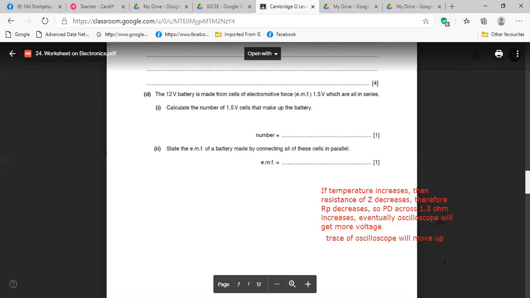The 12-volt battery is made from 1.5-volt cells in series. Calculate the number. So how many, if connected in series, will make 12?